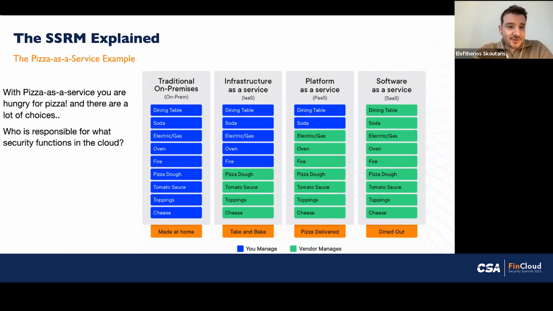When using infrastructure as a service, the analogy would be that the base layer of the pizza is already done for you. Right, you only need to bake it, prepare the table, and eat it, and then with PaaS there are even more decisions that are made for you. And finally, when you get to the SaaS, it seems like almost everything is done for you.